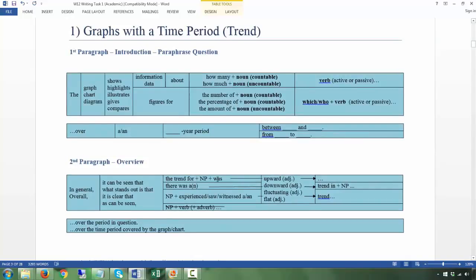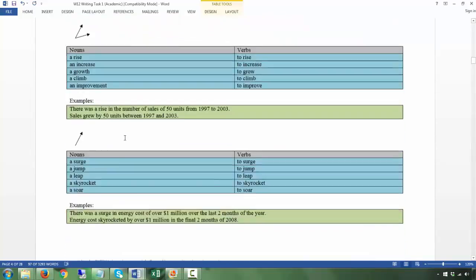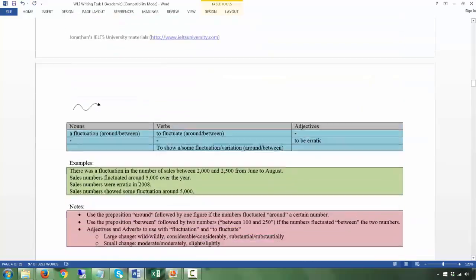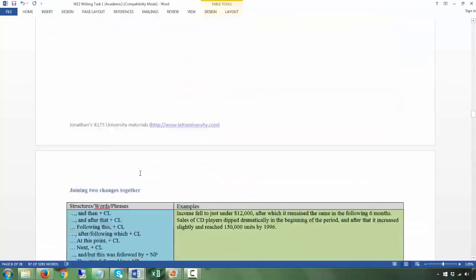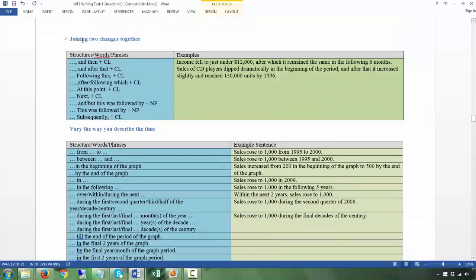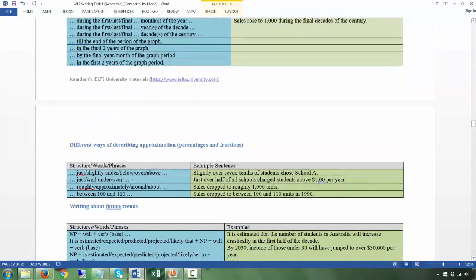I give you 3 different sentence structures. Then these are to talk about changes over time, but changes over time is just 1. You can also compare. After that I give you all these phrases you can use to talk about changes over time. Then these are ways to join 2 changes together, so that you don't use the same thing over and over again. Vary the way you describe time, vary the way you describe approximation.